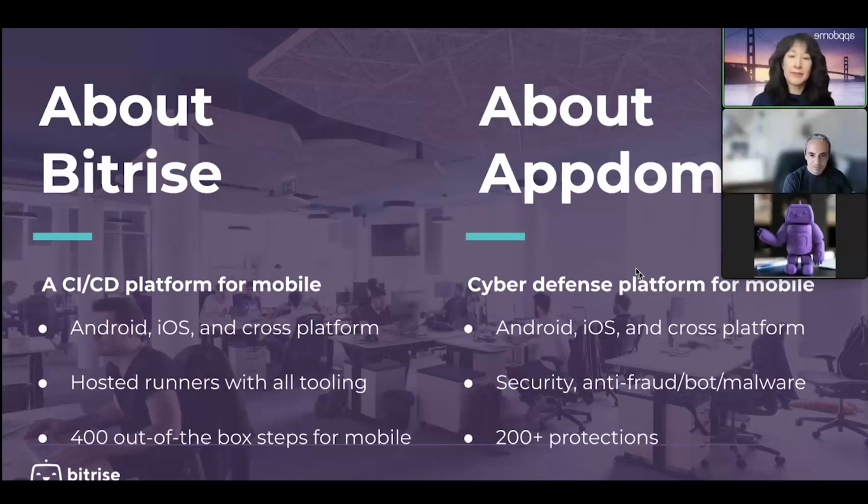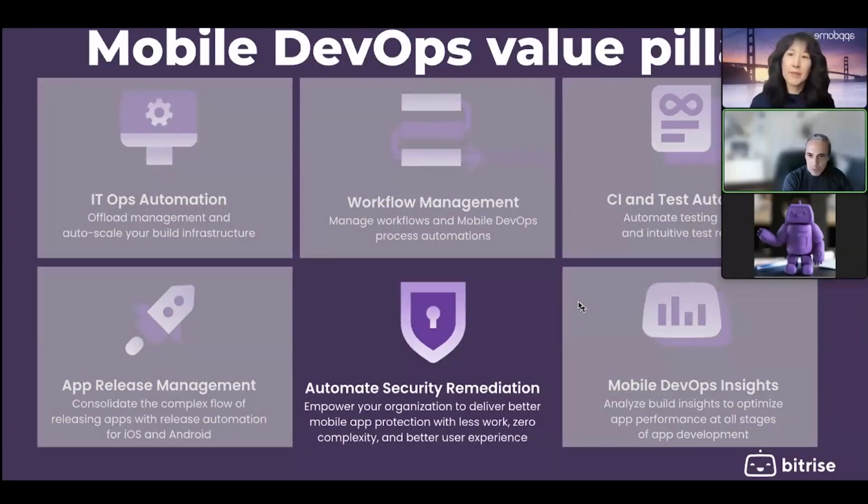At Bitrise, part of our product development and ethos is based around what we call the mobile DevOps value pillars. You'll see them on the slide here. We're very focused on IT ops automation, workflow management, CI and test automation, app release management, and insights and reporting.